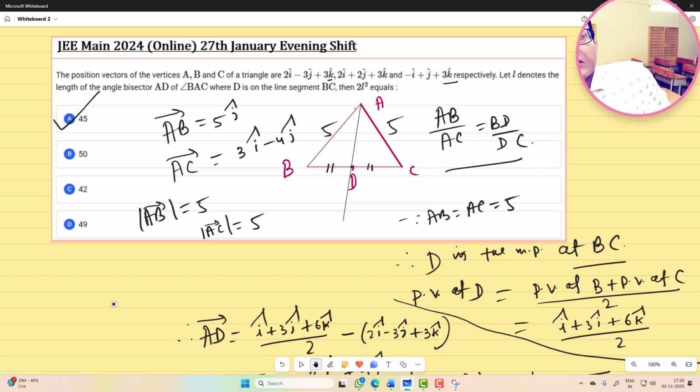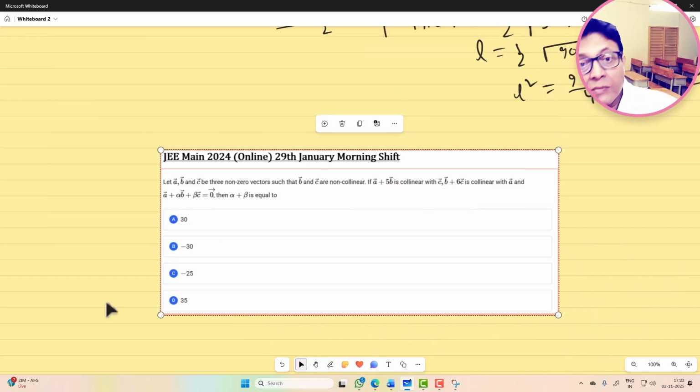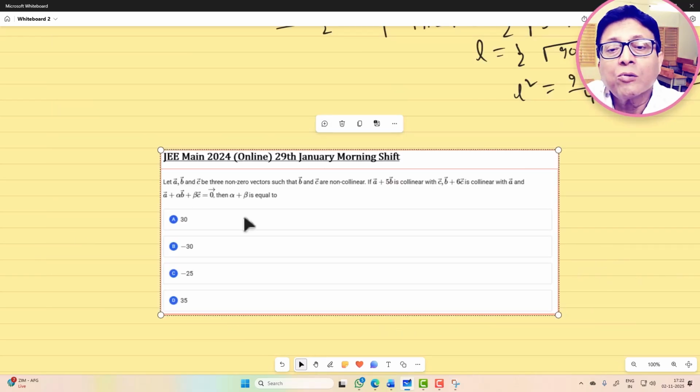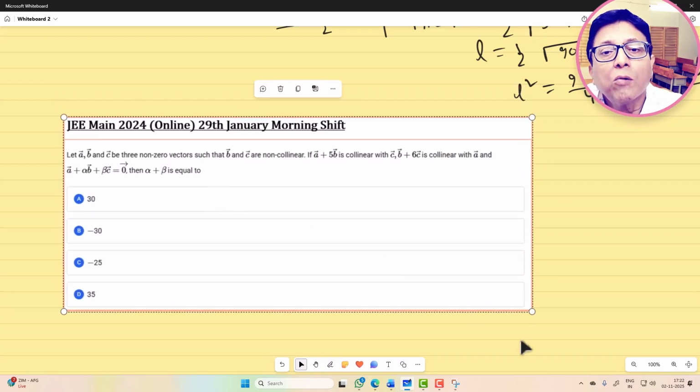Okay? So for these sums from the 2024 paper, we have seen the concept of position vector, modulus of vector, ijk representation only. Another question they have asked in 2024 is based on the concept of collinearity.